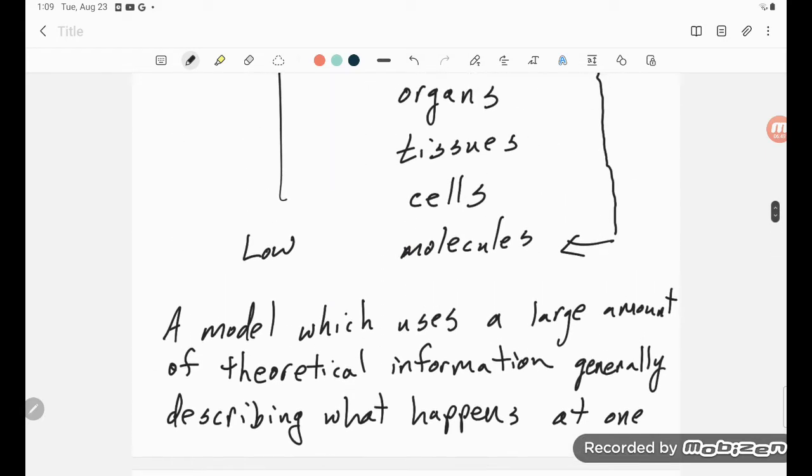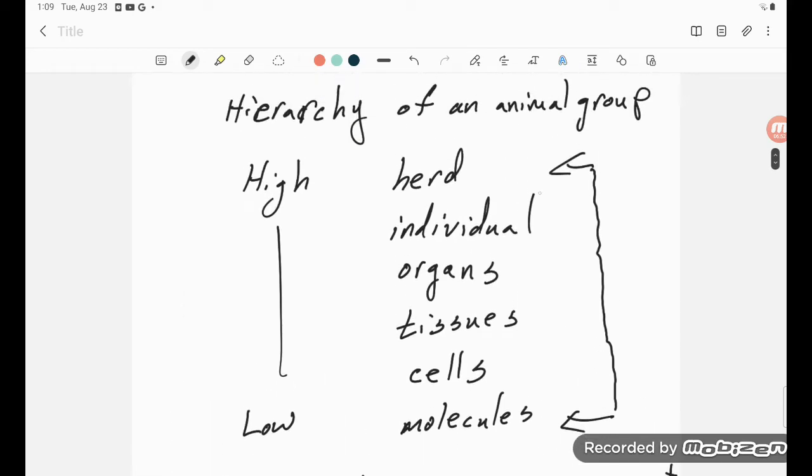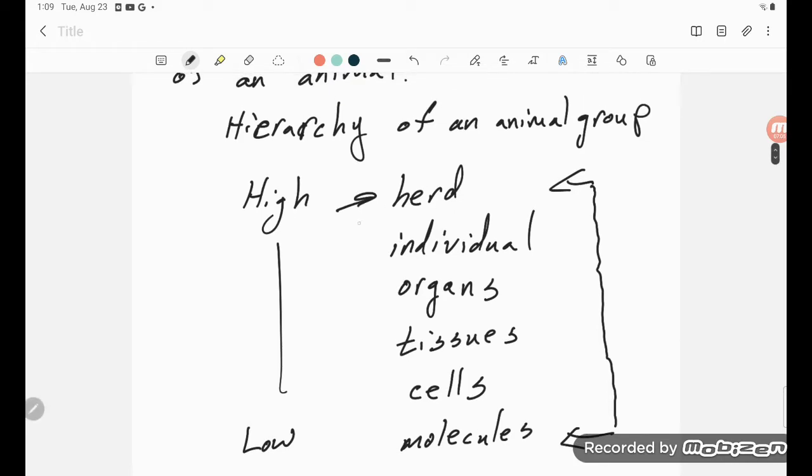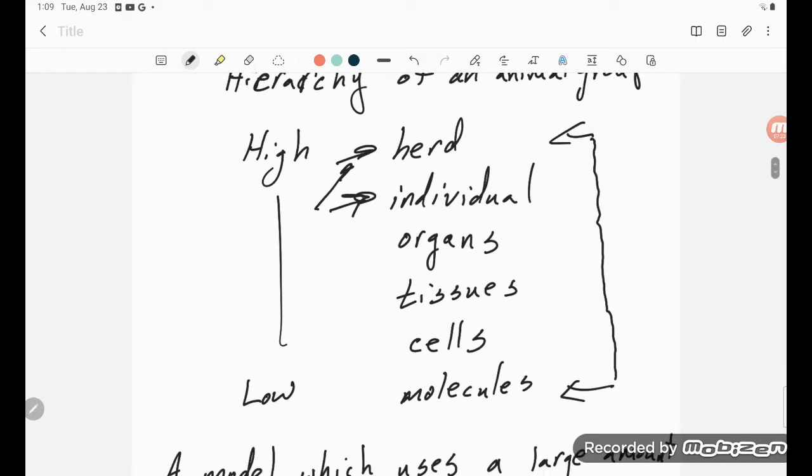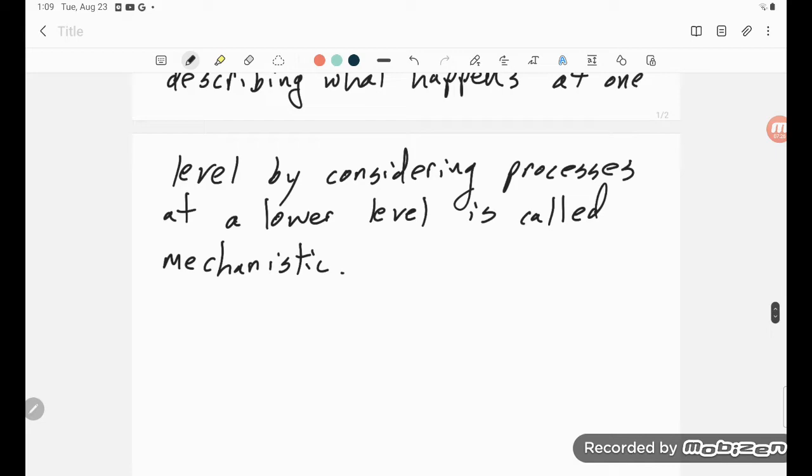So for instance, it doesn't have to be really deep, you may try to figure out what's happening with a herd or a school of fish or a flock of birds by looking at theoretical understandings of individuals and their needs, and then their relationship with each other as individuals, and then that can possibly produce a model about the herd or the flock or the school.